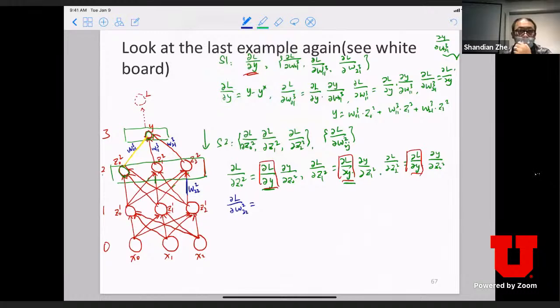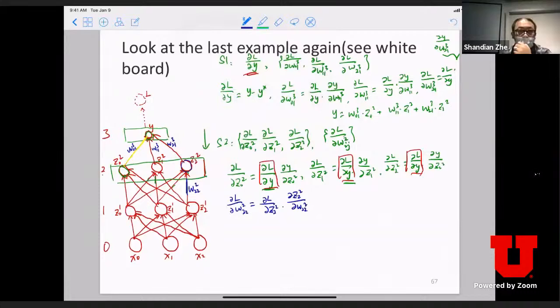Any thought? Yeah, look at the target node, the node the edge is pointing to, Z22. So you use the result about Z22: partial L over partial Z22, then times partial Z22 over partial W222. A similar rule is applied to any other edge weight pointing to the 3 neurons.